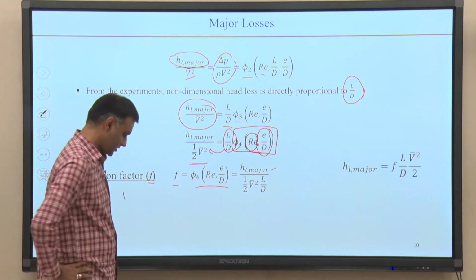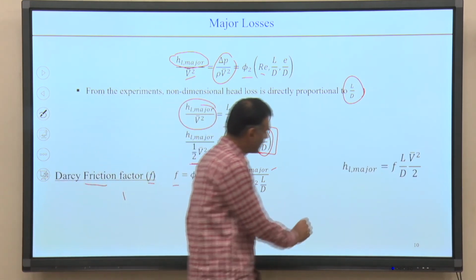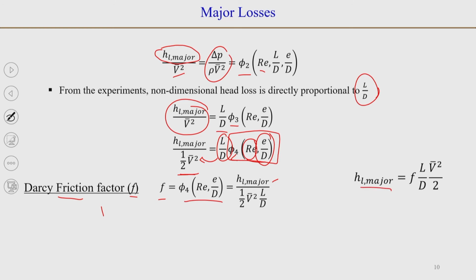Okay. So, if we write this in terms of H L major where it is in meter square per second square, then our definition will be this. If we write into capital H where the unit is in meter, then we will need to divide by g. So, v bar squared divided by 2 g. So, that is our definition of Darcy friction factor.